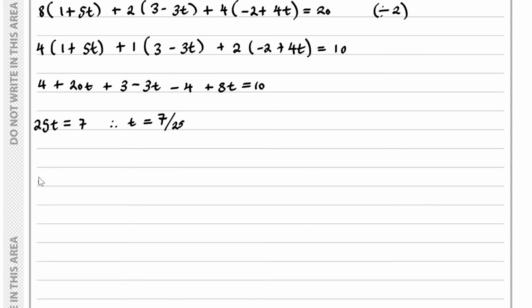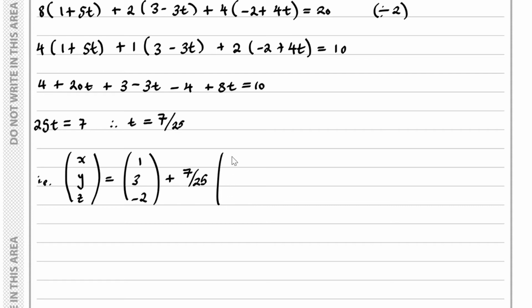And if we do that, x, y, z, that's going to equal 1, 3, minus 2, plus 7 over 25 lots of 5, minus 3, 4.